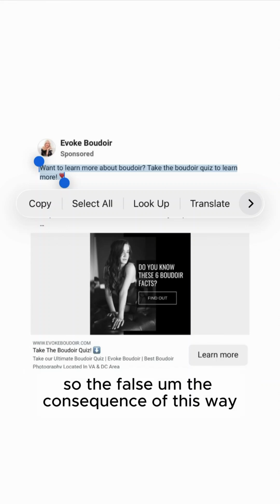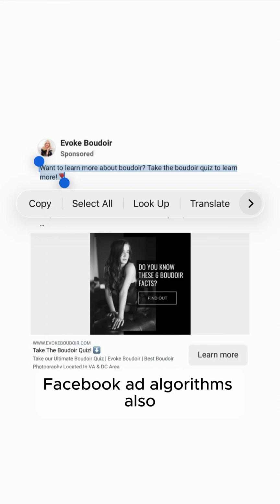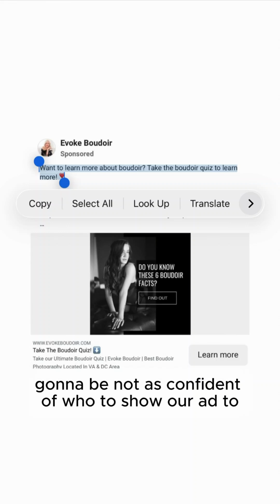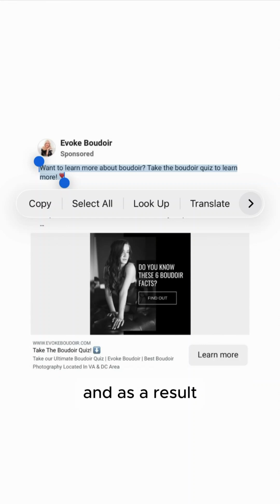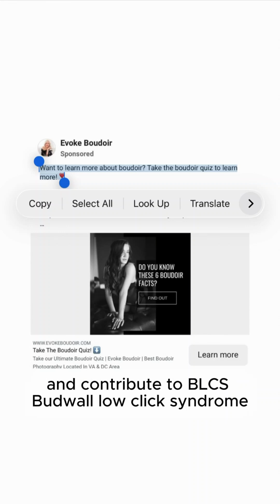So the consequence of this, way more women are going to scroll by our ad than necessary. Facebook ad algorithms are also going to be not as confident of who to show our ad to. And as a result, it's going to pull our unique CTR under 6% and contribute to BLCS, Boudoir low click syndrome.